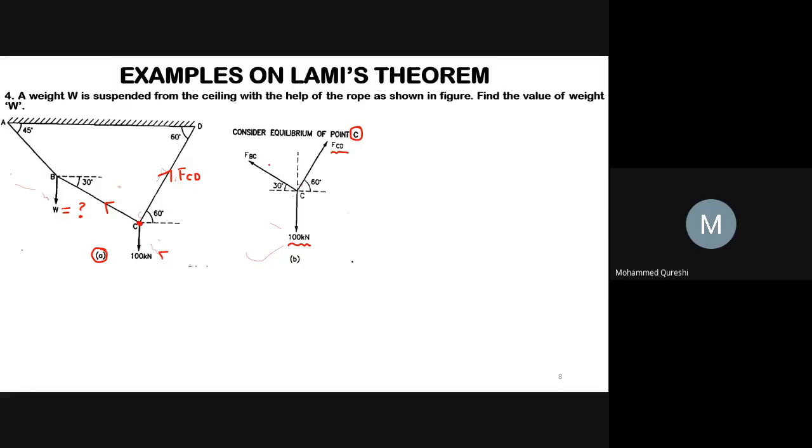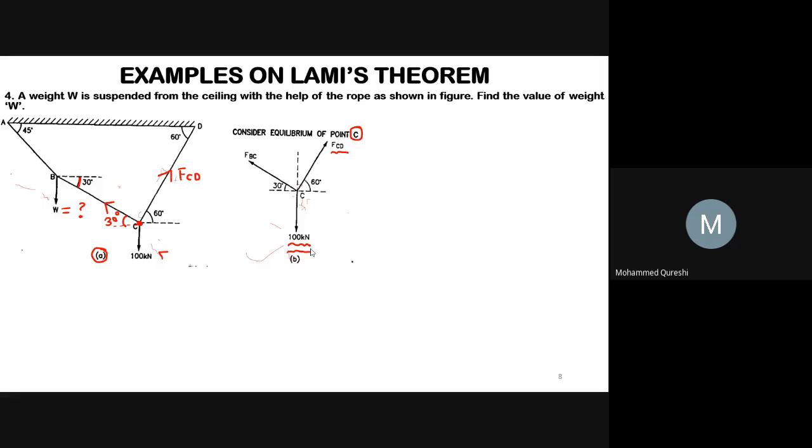So FBC making an angle 30 degree. Here 30 degree is given, hence the opposite angle will also be 30 degree. So FBC. Now we will draw the free body diagram as given over here.